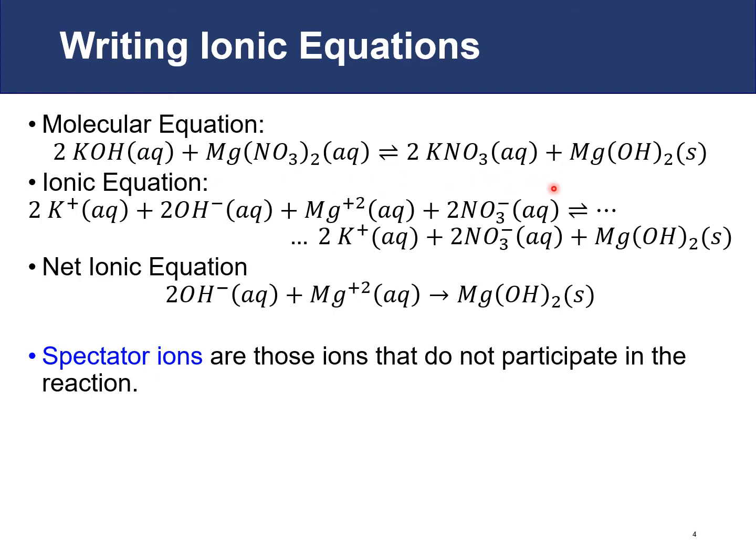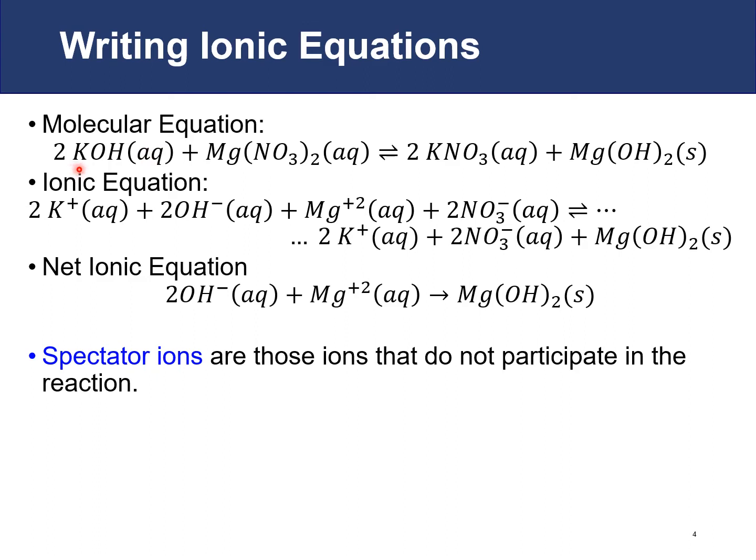When we mix them together, the potassium and the nitrate don't do anything. They just sit there. We will be calling things that just sit there spectator ions. Spectator ions are those ions that do not participate in the reaction. They are generally just there to bring the two components that are doing the reaction.